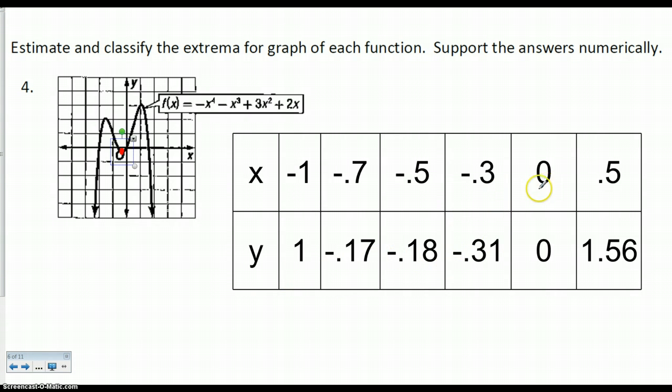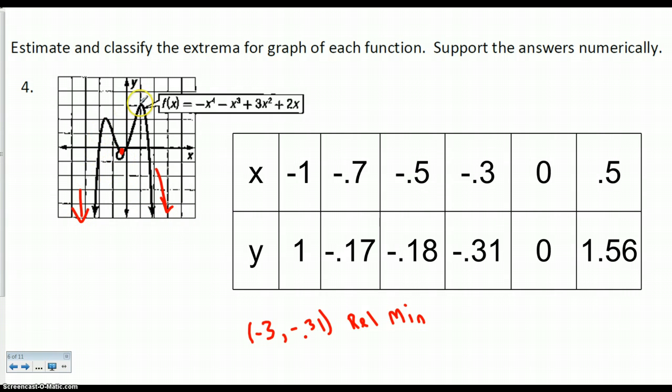Now when I go to the right of negative 0.3, to 0, 1, and 0.5, it looks like at negative 0.3 and negative 0.31, this is at least a relative min. And what I could say about this graph is that this is going down, and it looks like the end behavior is going to negative infinity as x is getting bigger and as x is getting smaller. I know that will be a relative min.